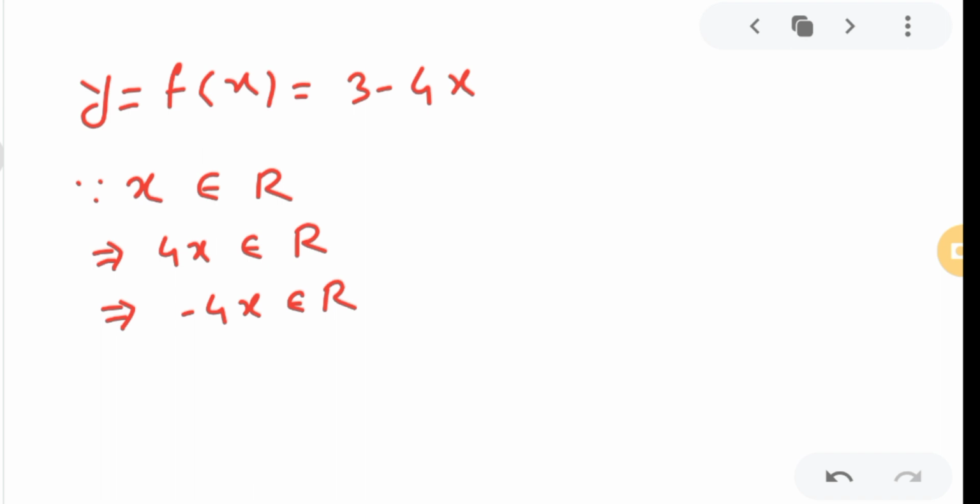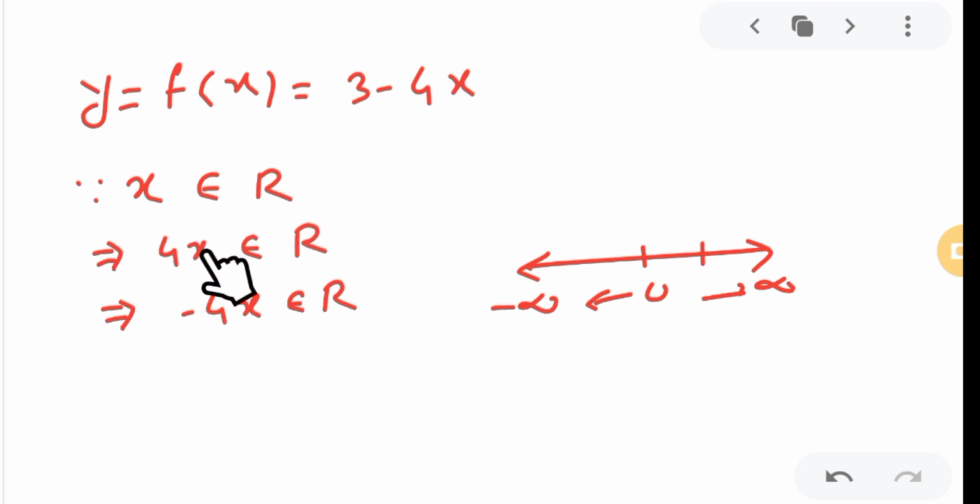R means from minus infinity to infinity. So this is 0, 1, 2, right side positive, left side negative, and it will include fractions also. So any number from minus infinity to infinity. So x from R to R, so 4x will also be the same. Minus 4x also.